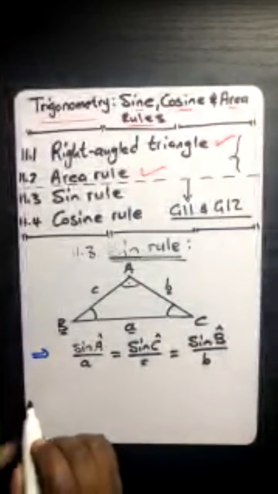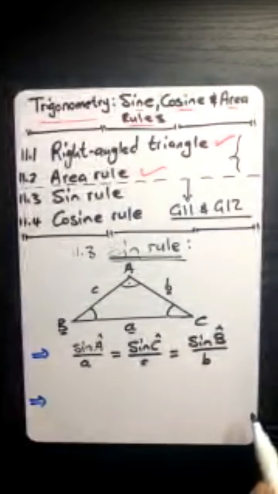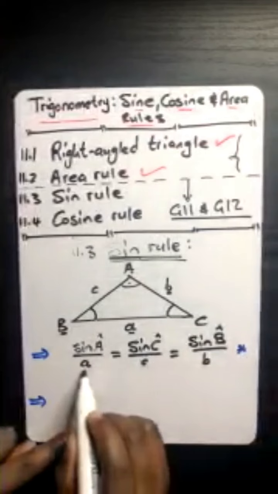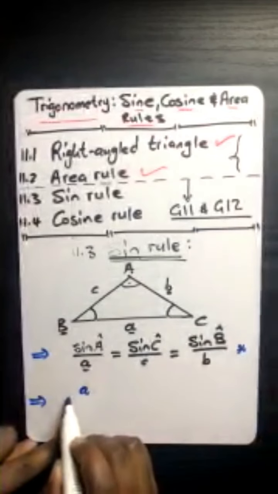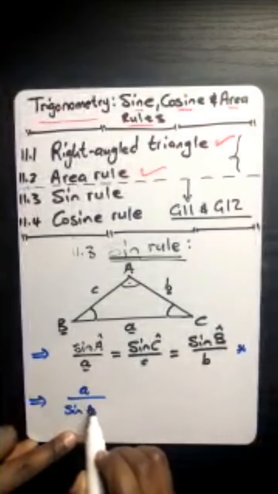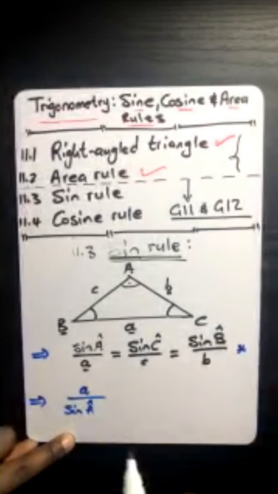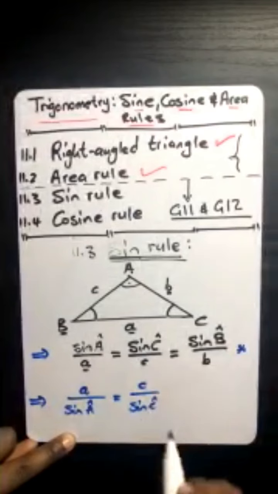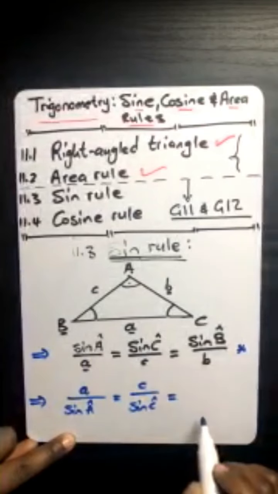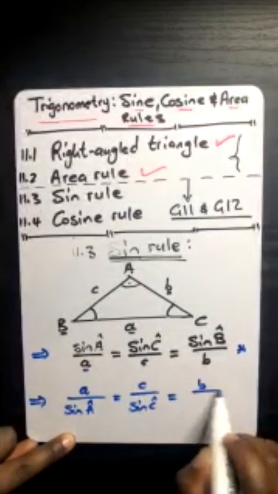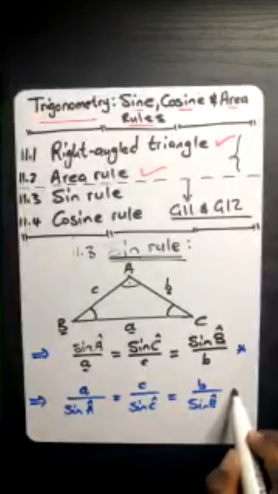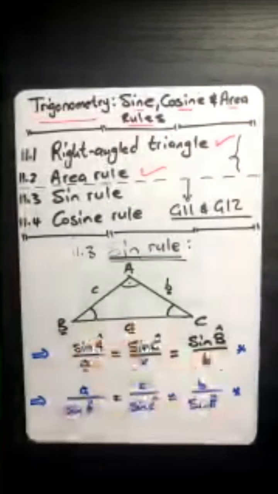Also, this thing, ladies and gentlemen, you are not forced to represent it in that manner. If you like, you can just start with the side being at the top and say that A over sine of angle A is going to be the same as c over sine of angle C, which is actually the same as small letter b over sine of angle B. Whichever way that you write it, it's fine.